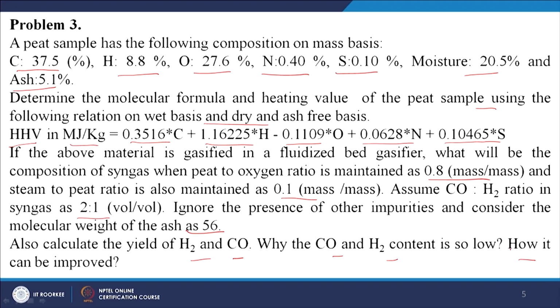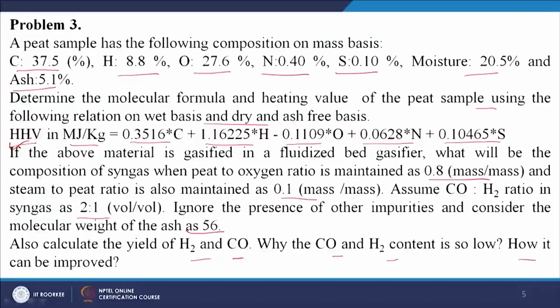So, this is the problem statement. It has a number of parts, so we will be solving this problem step by step. This is a gasification problem, and the composition of the sample feedstock is given, and we have to find out the molecular weight and molecular formula of the feedstock first.